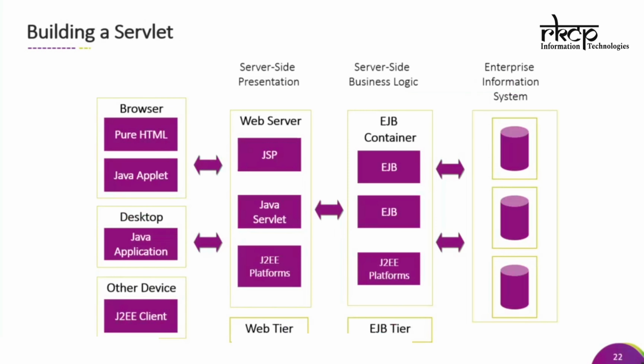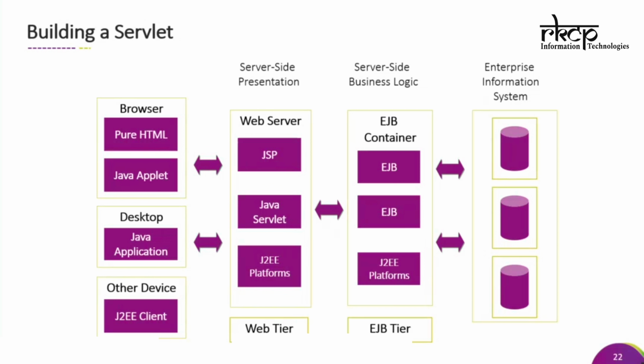In the same way, this is a little broader picture. As a client, you have pure HTML, meaning your browser, applet, different Java applications, J2EE client, many others. Inside the web server, you have JSP or servlet, that is your web tier. For business logic, in future I will use any EJB application.